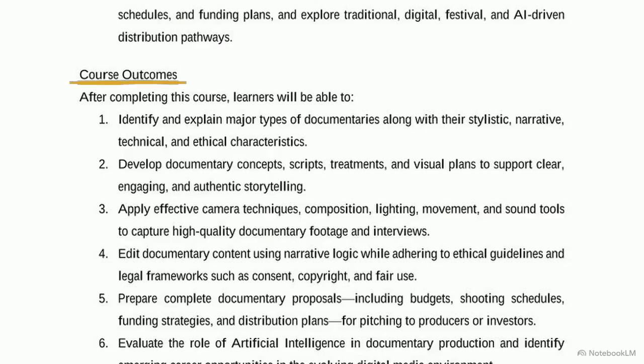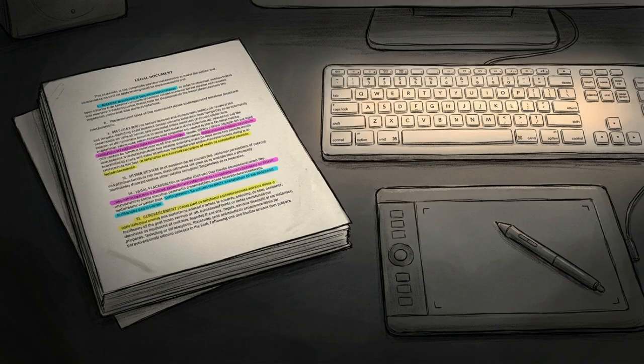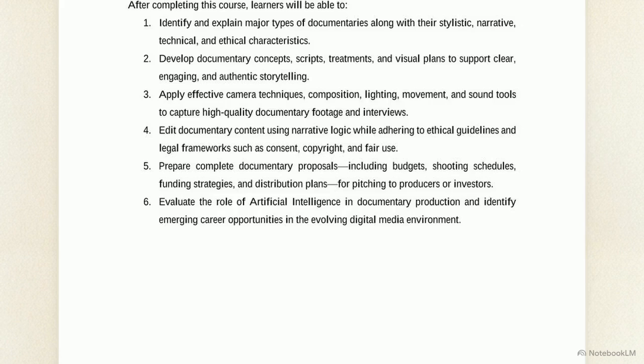Looking at the course outcomes for this module, the syllabus demands exactly this kind of structural thinking. Students must develop concepts, apply camera and sound tools, and edit their content under strict ethical and legal frameworks. The theory dictates the practical application, and that practical application is facing immediate disruption.